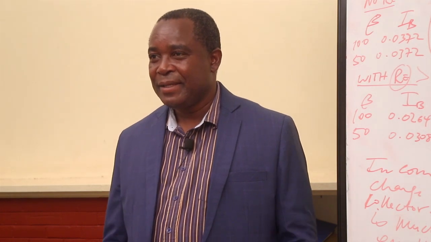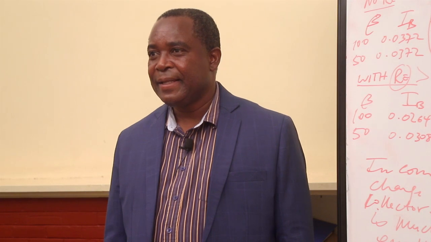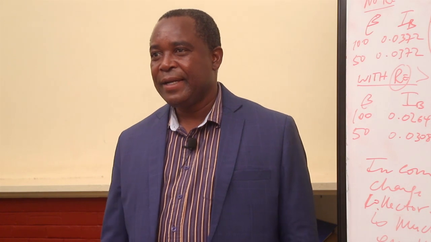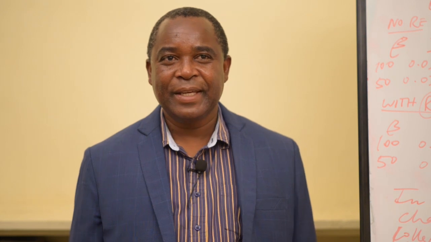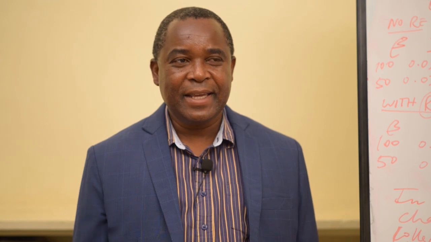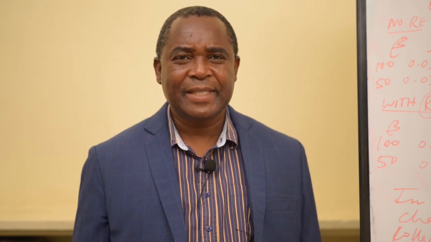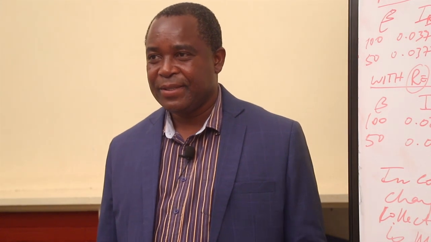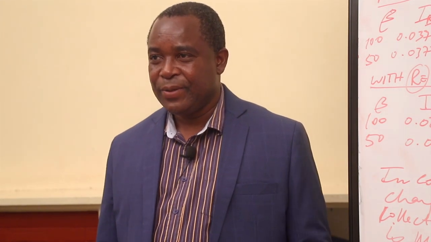According to the data and the table, we've seen that before introducing emitter resistor, the percentage change of the collector current was 50%, but after introducing 1 kilo ohm of emitter resistor, the percentage change of the collector current decreased to 40%. And also, when you increase the emitter resistor, the percentage change of the collector current will be decreasing. Also, the collector emitter voltage will be decreasing, as we have seen in the data in today's lesson.